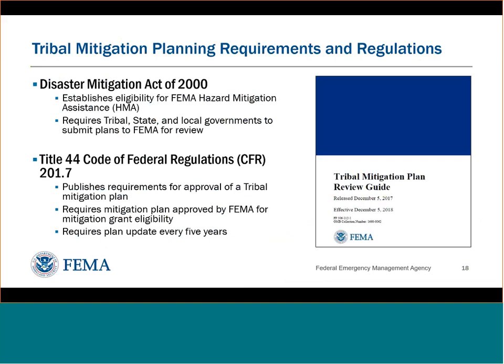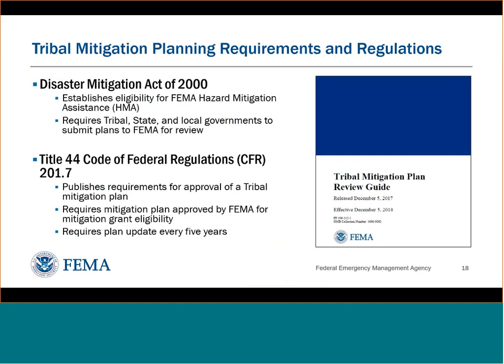All right, so a couple of key important requirements and regulations related to tribal mitigation plans. Number one is the Disaster Mitigation Act of 2000. And so in the year 2000, Congress officially recognized that disaster protection starts with a mitigation plan. And to address those escalating disaster costs, Congress passed this act.